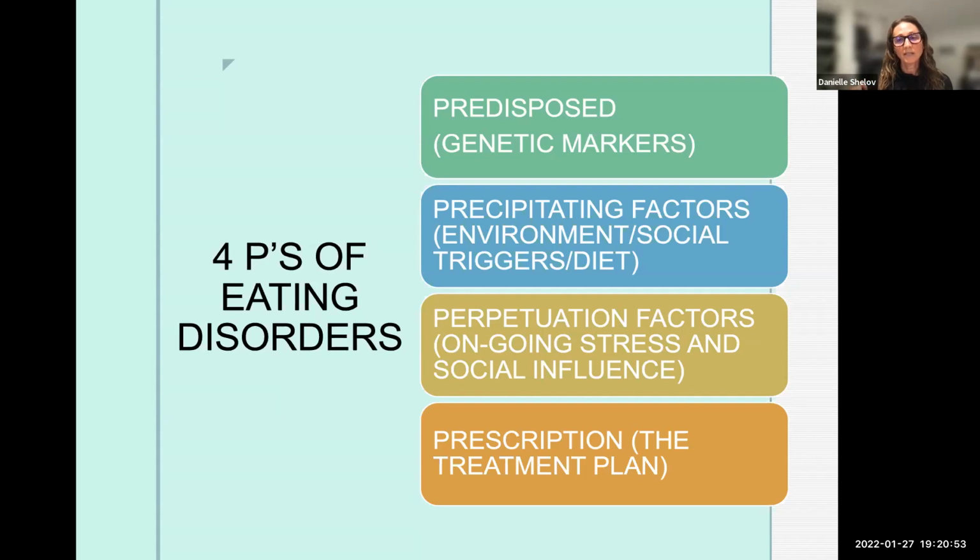Then we'll go into the perpetuation factors, meaning why does this keep going? And then there's the prescription or the treatment plan. I don't really get into the treatment plan in this talk because I think we're laying the groundwork for what people have to look for and what is causing the eating disorders as opposed to how we're treating them. I think that's much more like a follow-up talk.